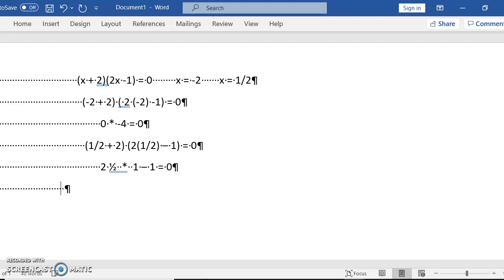And so I have now 2 and 1/2 times 0, which is equal to 0. So x can be -2, and x can also be positive 2.